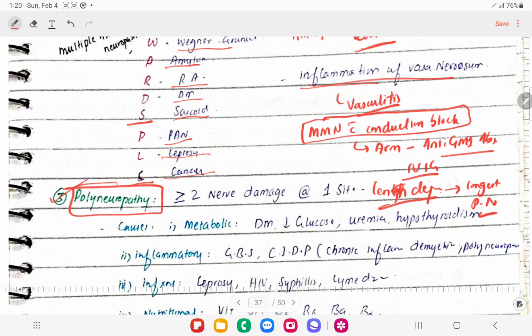But there is an exception for that. If there is an inflammatory demyelinating neuropathy, in these patients mostly the upper limb is affected more than the lower limbs, right? Usually we see the longest peripheral nerves that supply the lower limbs are affected first in polyneuropathies.